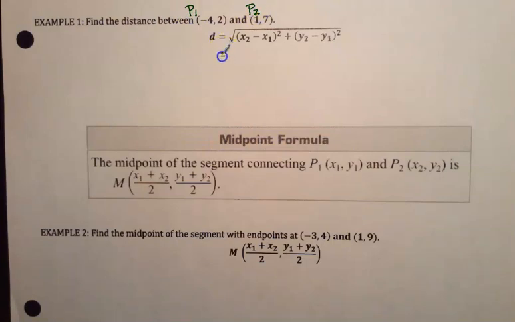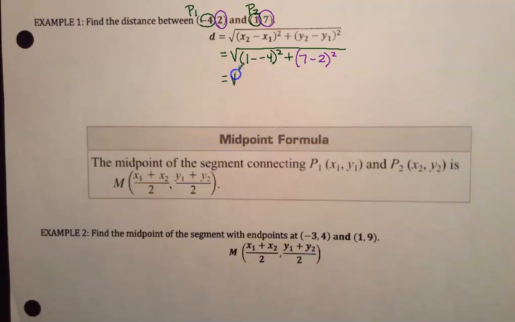So our distance is going to equal the square root, our x2 value and our x1 value. x2 is 1, so 1 minus -4 squared plus our y values. We do y2 first, just like we did x2 first. From our second point, 7 minus 2 squared.